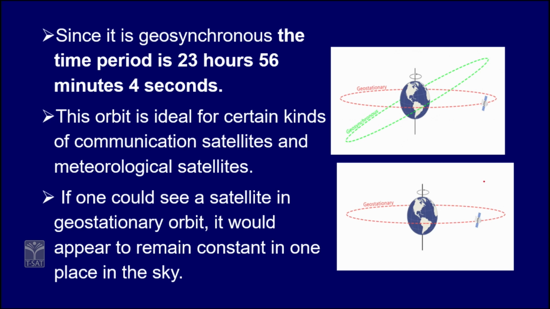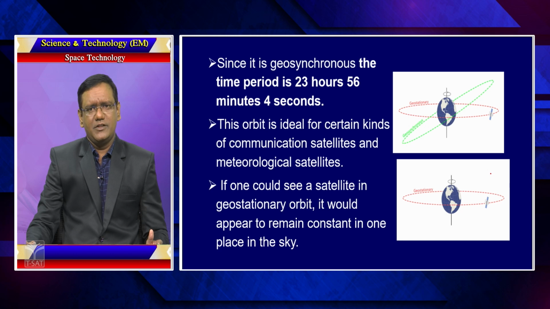This orbit is ideal for certain kinds of communication satellites or meteorological satellites. If we want to have communication, the satellite will take the signal from the Earth and then send the signal to the Earth again.